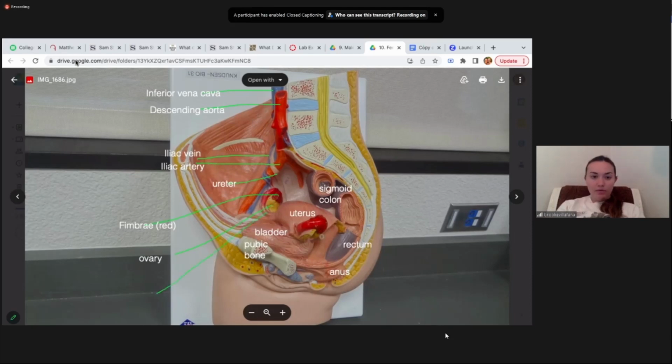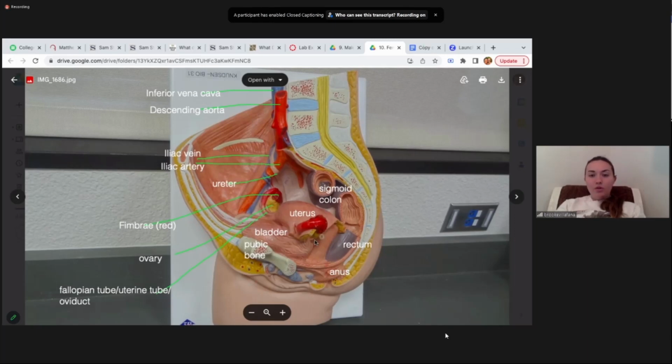So that's the fallopian tube, uterine tube, or oviduct. Just like the male vas deferens, ductus deferens, seminal duct, fallopian tube, uterine tube, oviduct. So you need to know all 3 names for that. Okay. Ovary, fimbriae, uterus, bladder.